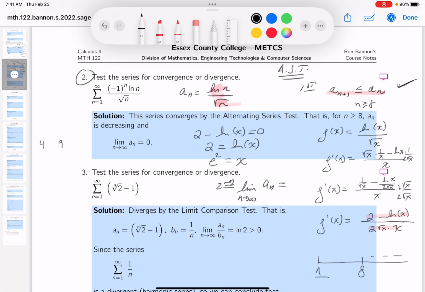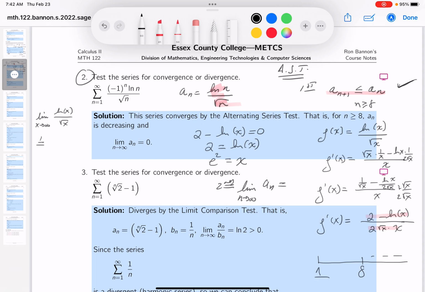All right. So let me get my eraser out over here, and I'm going to use L'Hopital's rule, just to convince myself. So the limit as x goes to infinity of the natural log of x over the root of x. Let me just put L'Hopital's rule, because the top and bottom go to infinity.